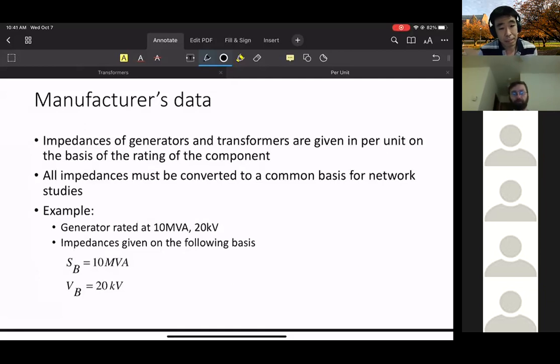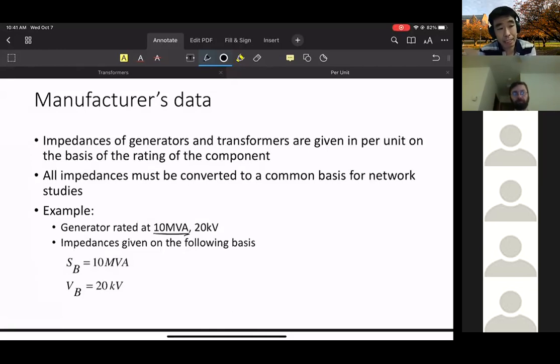What it gives you is things referred to its own base units. And sometimes the issue, with the generator or the transformer or whatever manufacturer data you have, is that everybody picks their own base power.